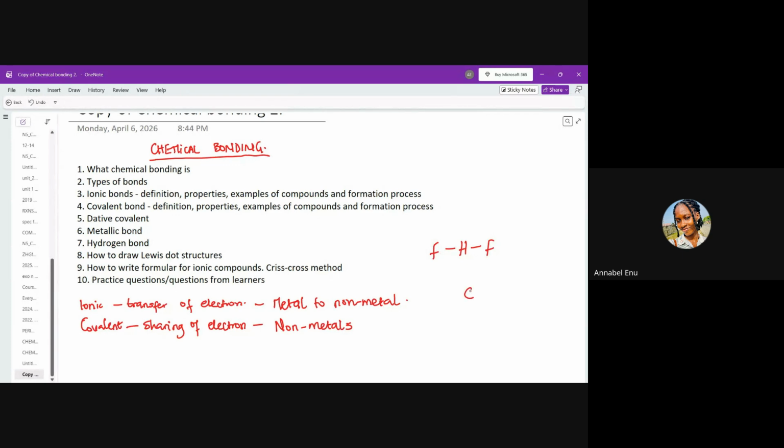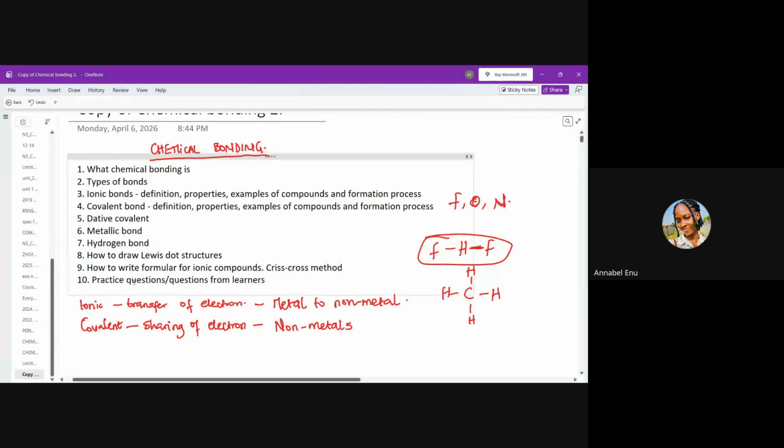But when we see something like this, this one that I drew here that has to do with carbon and hydrogen, this is not hydrogen bonding. This is covalent bond. Even though hydrogen is there, the fact that hydrogen is there doesn't make it hydrogen bonding. What makes it hydrogen bonding is when hydrogen is directly bonded, like in this case, to a fluorine atom, oxygen atom, or nitrogen atom.